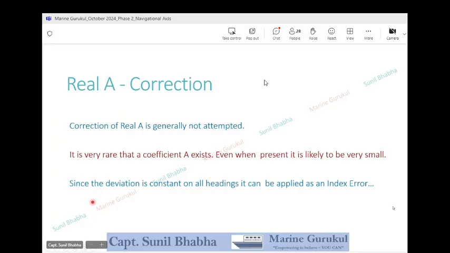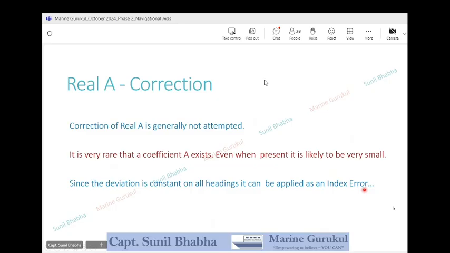What is done then? Since the deviation generated is constant on all the headings, it can be applied as an index error. So you will see that on a ship where real A is present, the real A value will be mentioned separately in the deviation card.